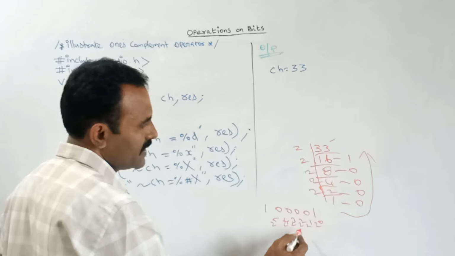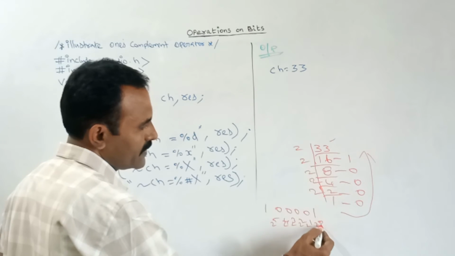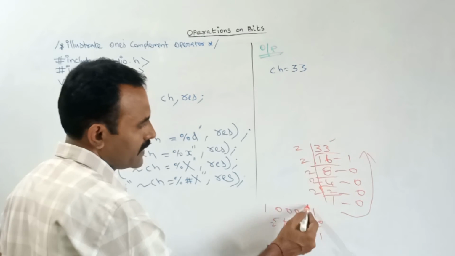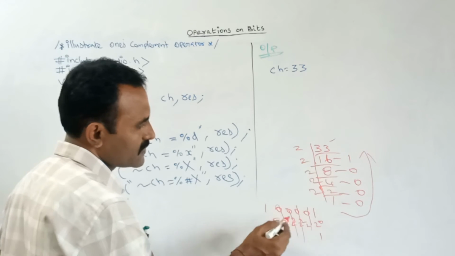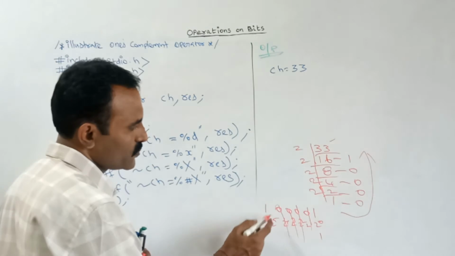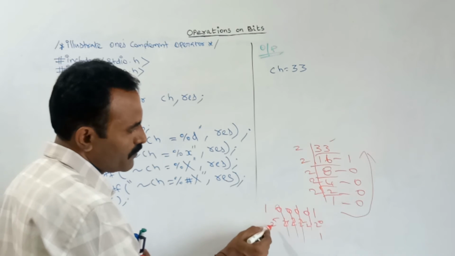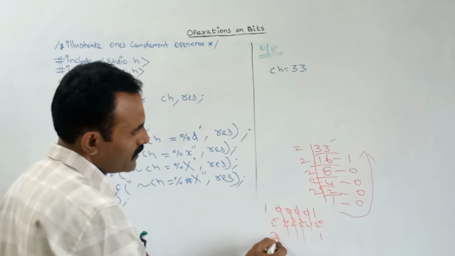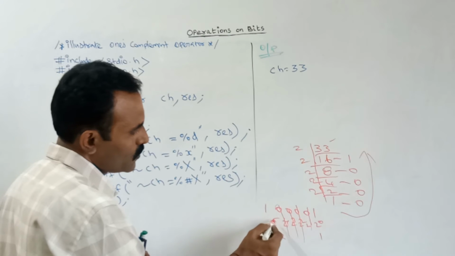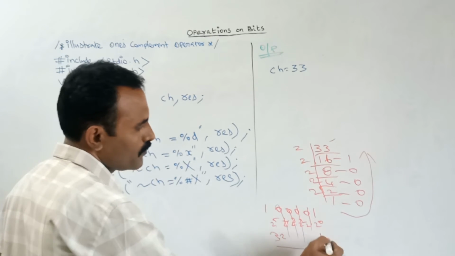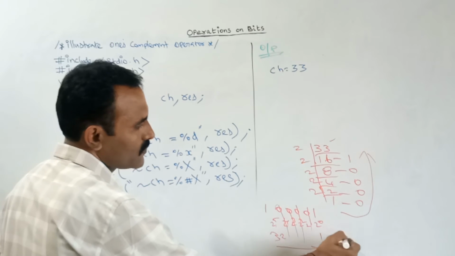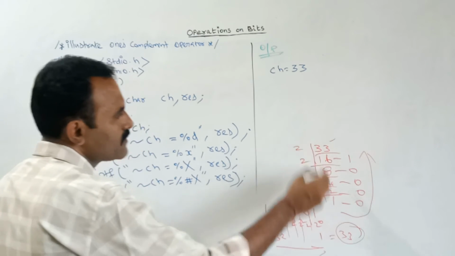Totally 6 digits. Here 2 to the power 0 is 1, 1 into 1 is 1. The other bits we do not need to calculate, because every such bit is 0, and 0 into any value is 0. Here 2 to the power 5 is 32. Now you add these two values, 32 plus 1 is equal to 33. So we get this decimal value.